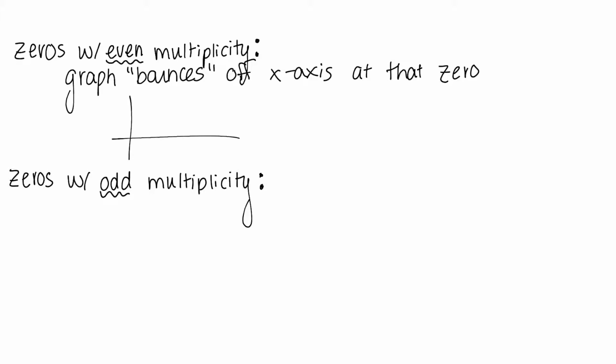So, quick little sketch. If your 0 is right here, it would bounce right off. If you have an odd multiplicity, your graph is just going to pass through the x-axis at that 0.